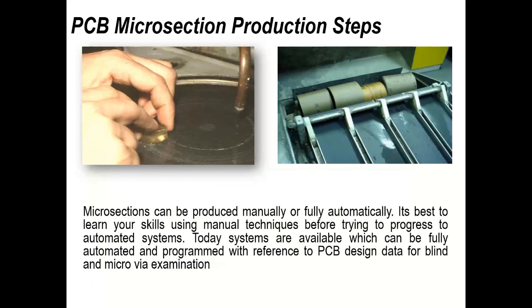So if you look at this example, this is manual grinding. And you can see an unskilled operator, myself, back in my youth, holding a microsection, and I'm holding it on both sides, and I'm applying pressure with my forefinger on the top.